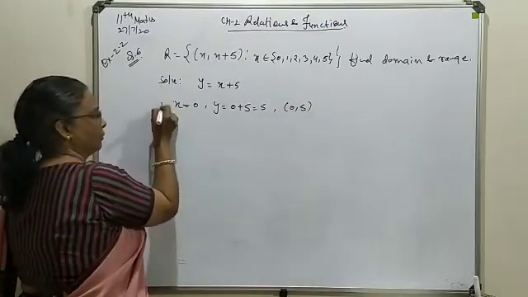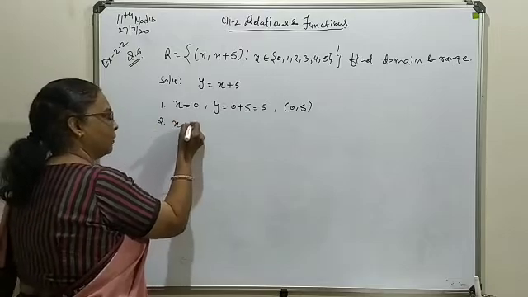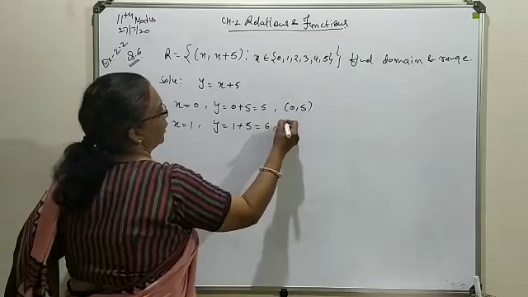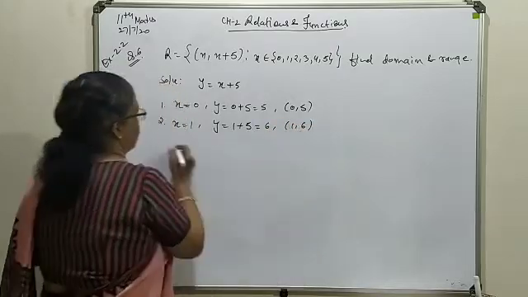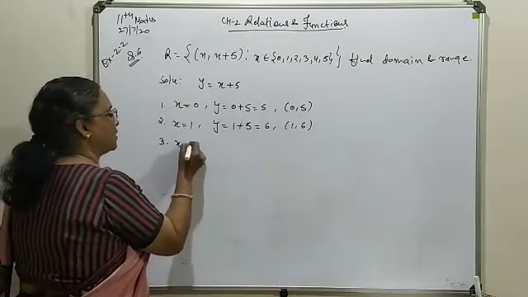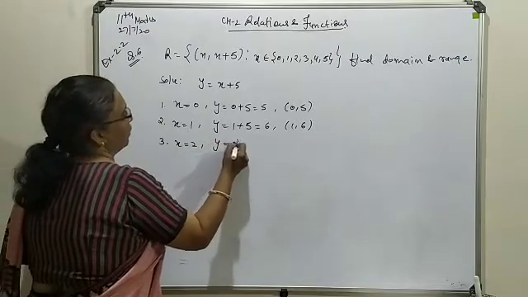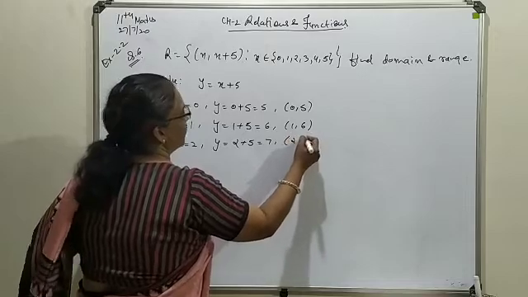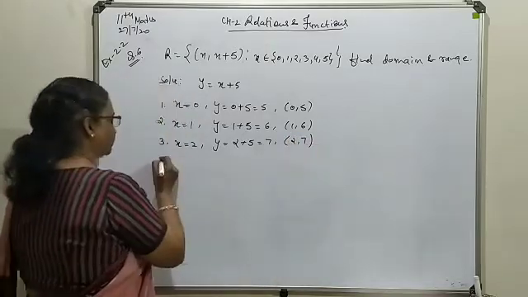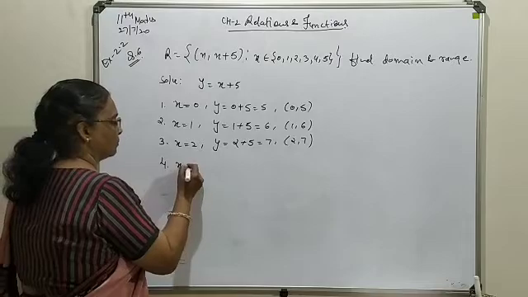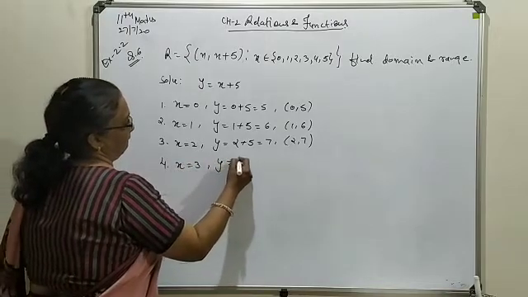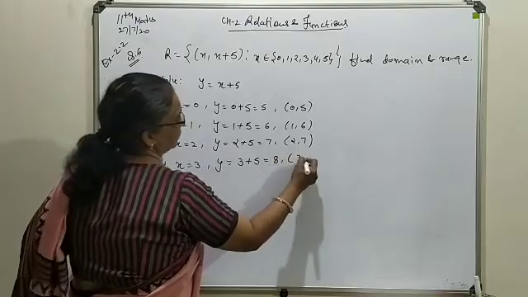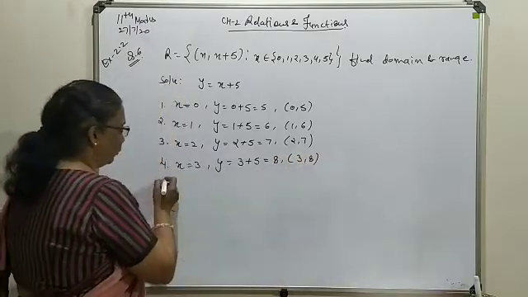Second, for x is equal to 1, y is 6. Ordered pair 1, 6. Third, x is equal to 2, y is equal to 2 plus 5, that means 7. That's why up to 5 you have to move, keep on increasing by 1 at both the positions.